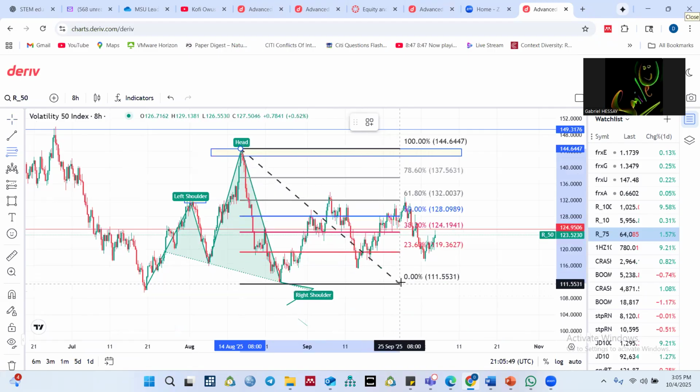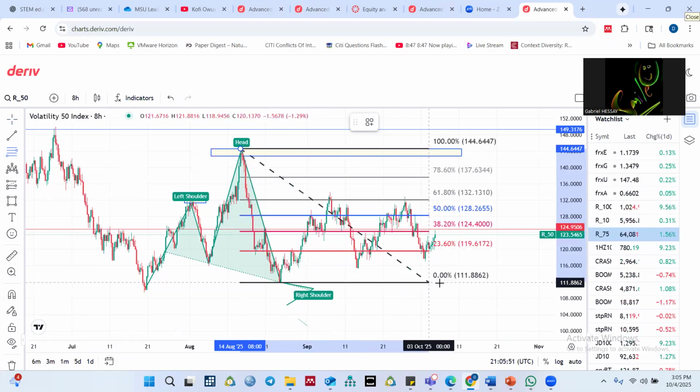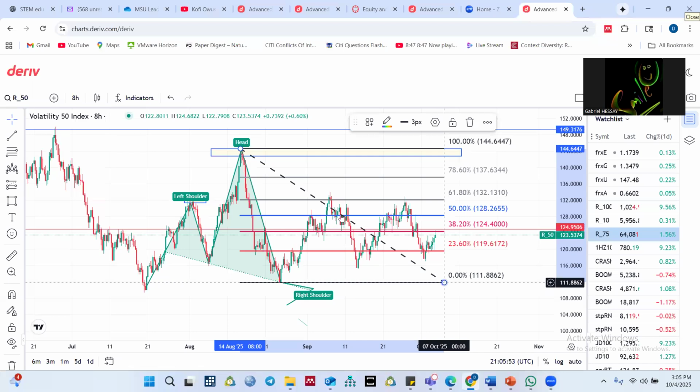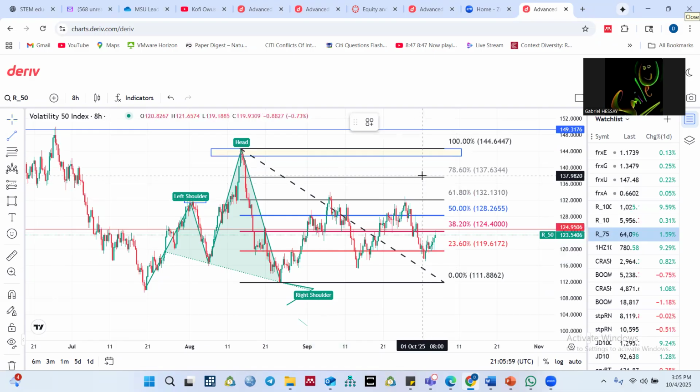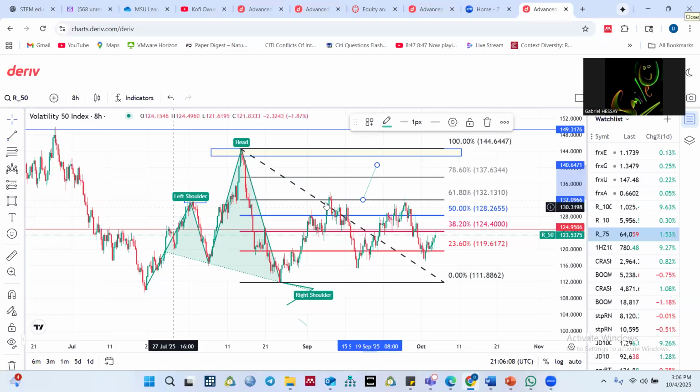So from the neckline to the right shoulder, normally 50% or 61.8% or sometimes even 78.6%, depending on where the left shoulder is. Because if we go more above the right shoulder, then we are more entering into the head, so much that I might not be interested in looking for sales.